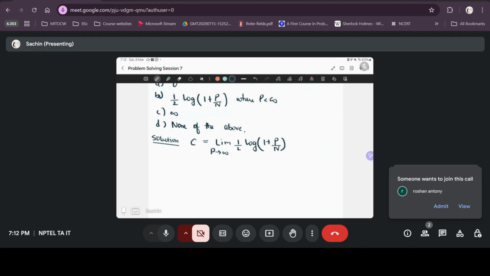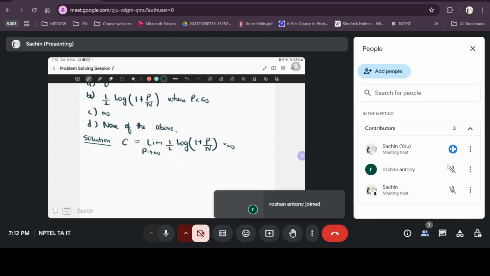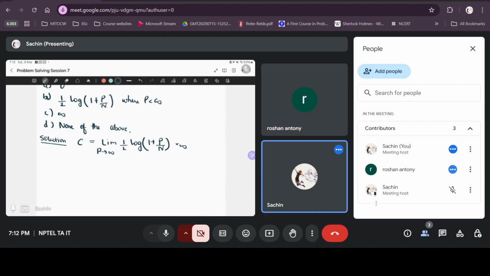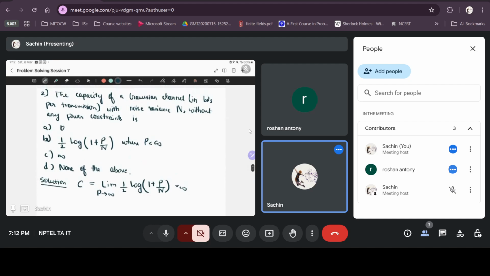So log of 1 plus p over n also tends to infinity. So the capacity of a Gaussian channel with noise variance n without any power constraints is infinity.